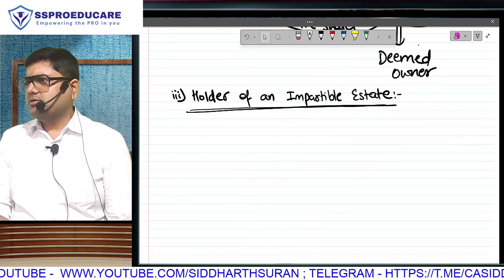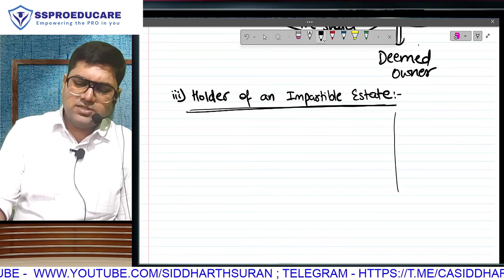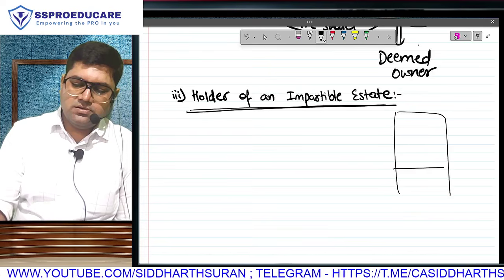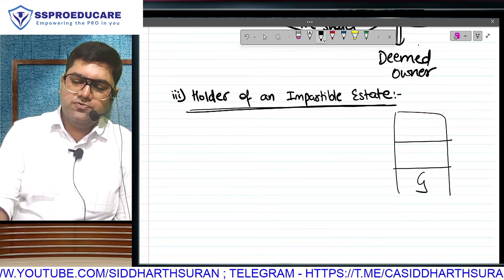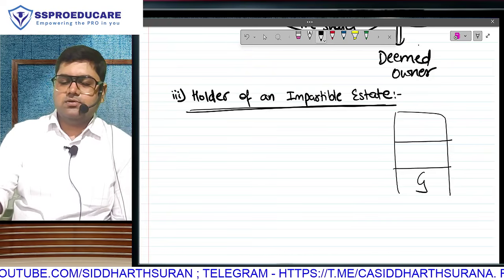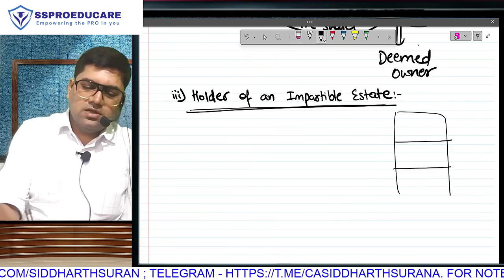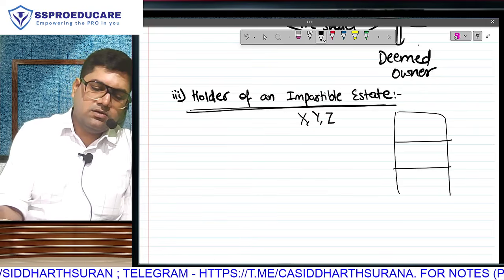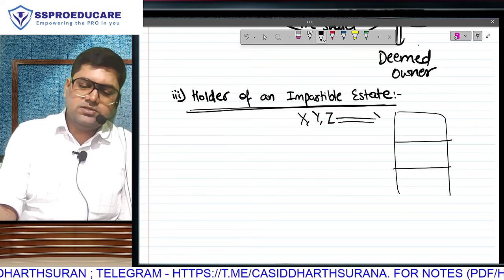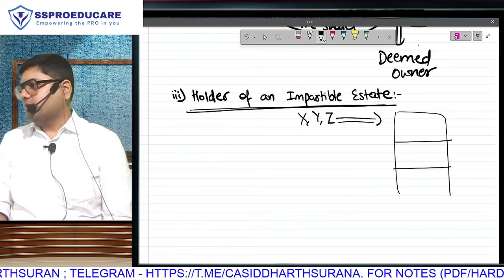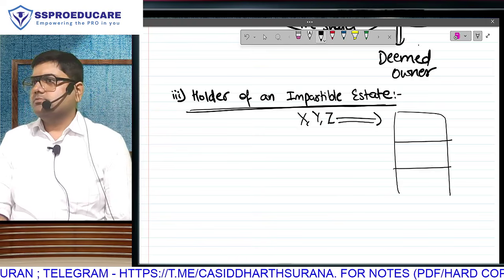Impartible estate. Supposing there is a superstructure: ground, first floor and second floor. There are 3 brothers, X, Y and Z, who are the owners, the legal owners of this property.